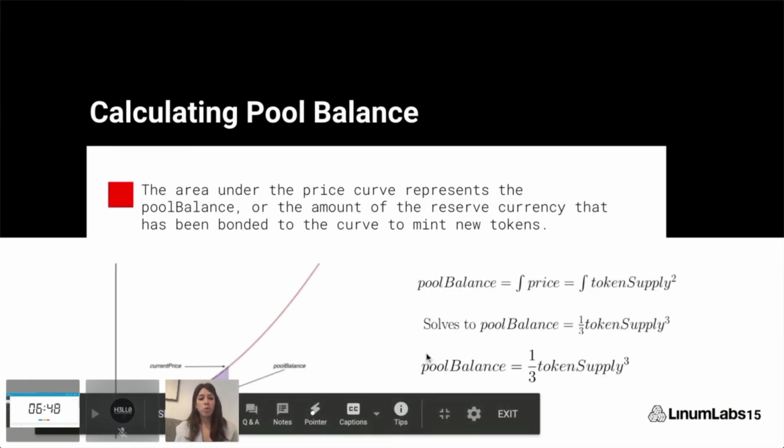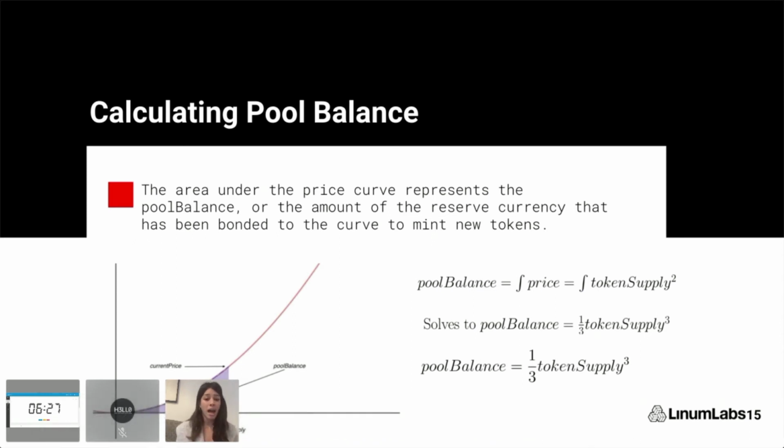To calculate the pool balance, that is essentially the tokens that have been minted over time for the price that they were at each time. So it essentially comes out to be the area under the curve. And the pool balance is the amount of collateral that has been put into the smart contract, so the amount of DAI that has been given to the smart contract to mint out the bonding curve token.